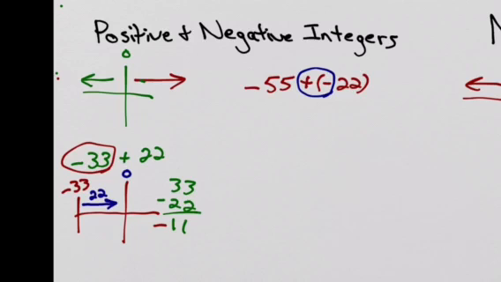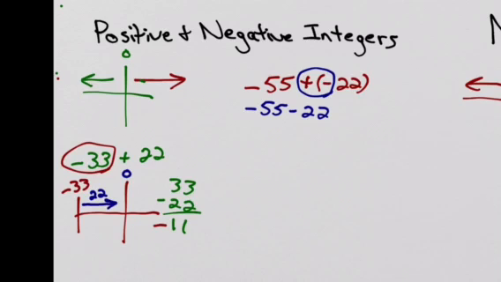Therefore, we can treat them as if they are multiplying. And with the rules of multiplication and division, we know a positive times a negative equals a negative. So another way we could look at this problem is negative 55 minus 22. So we have two negative numbers here.